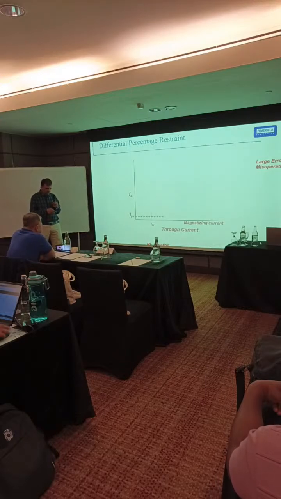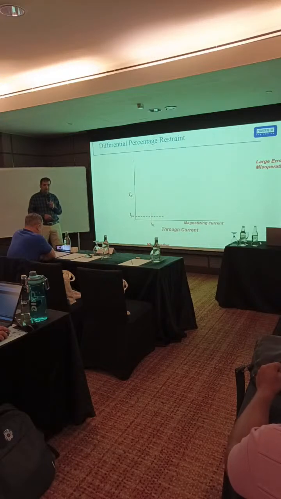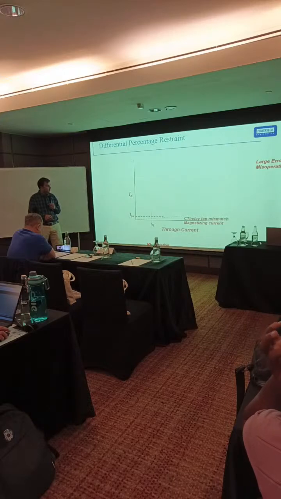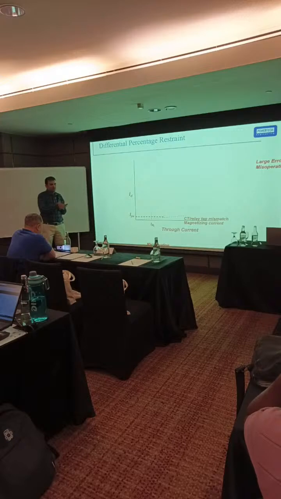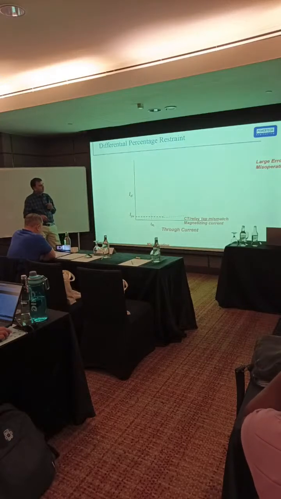So for the first step we have magnetizing current. This is a full load boundary. Whatever we mentioned in the earlier slide, you can see here: CT relay tap mismatch, CT errors, tap changer errors.